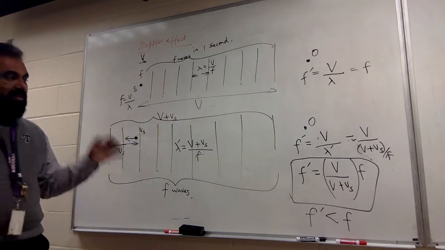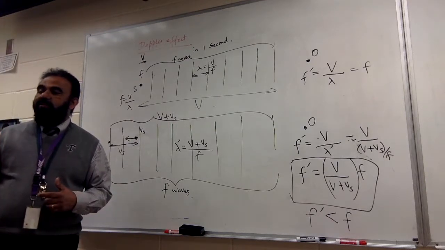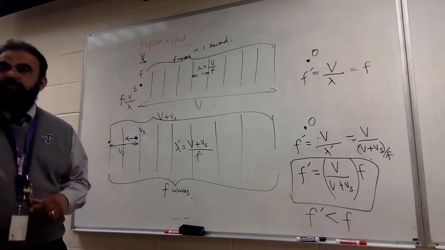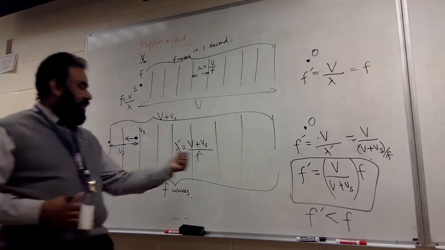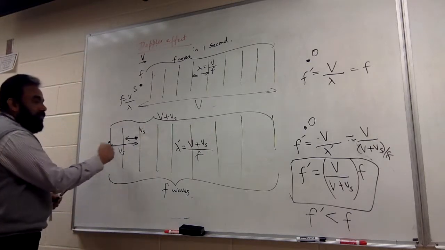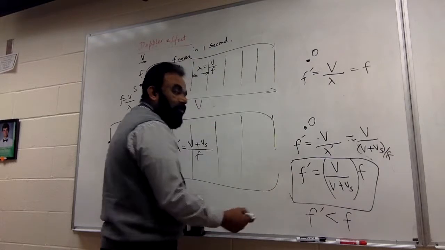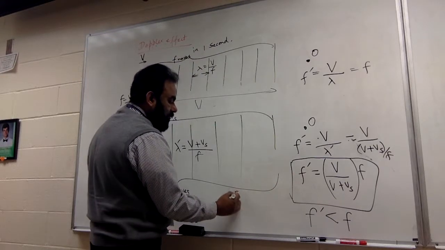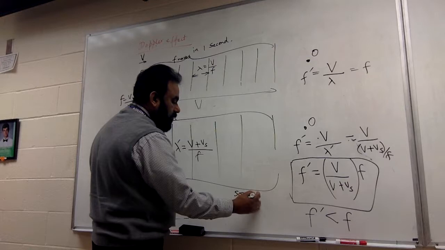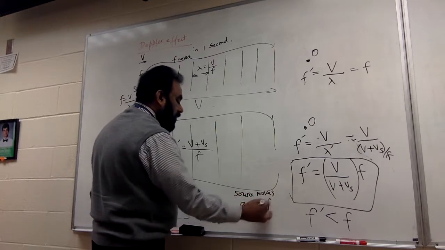So I've shown mathematically how the frequency is really affected when the source is going to go towards the observer and when he's going to go away from the observer. So this is when the source moves away from the observer. You can write it down here. Source moves away from observer.